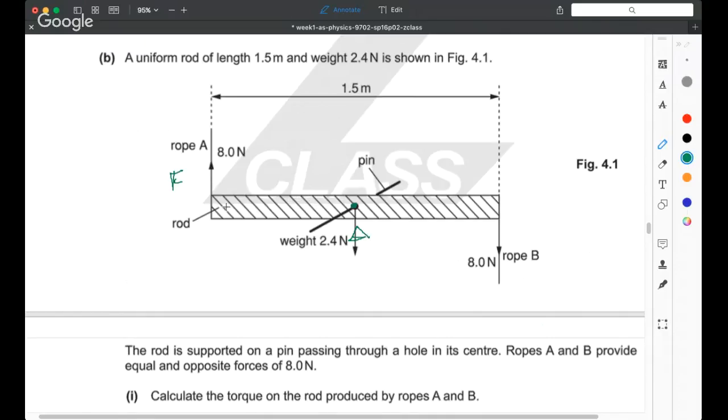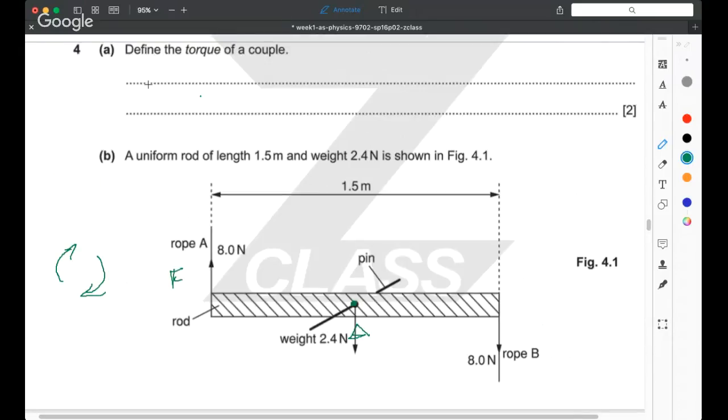But when it's not in equilibrium, one is moving towards the other. It's a non-equilibrium system of forces acting on that pivot point.